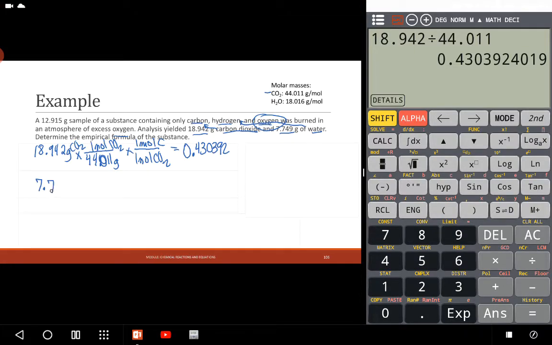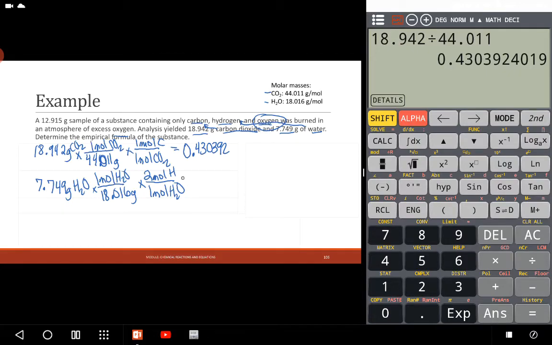Now I have 7.749 grams of water, and I can convert that into moles. 18.016 grams per mole. And based on the chemical formula, for every 1 mole of water molecules, I'm going to have 2 moles of hydrogen.